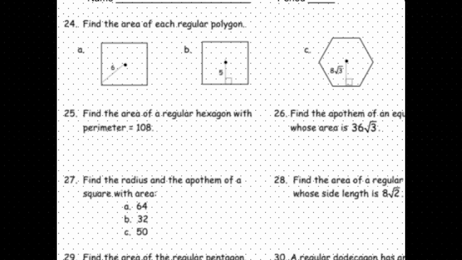So the entire figure will be split into n isosceles triangles. N means number of sides. Have you written this? So this is a square, right?